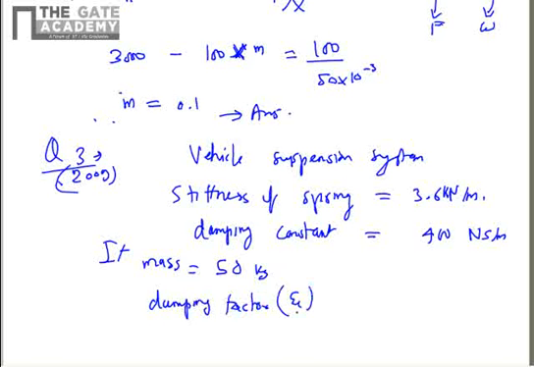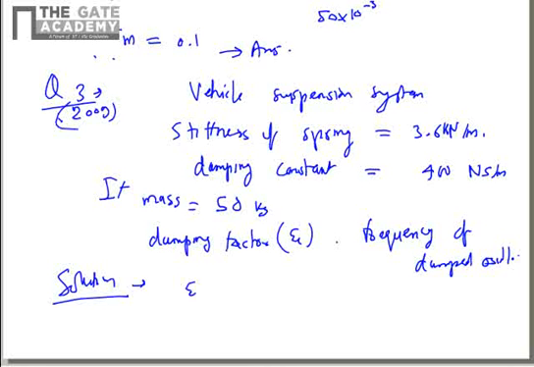Damping factor is nothing but z, and calculate the frequency of damped oscillation. So we'll go about solving this problem. We know that z can be obtained by c divided by c critical.